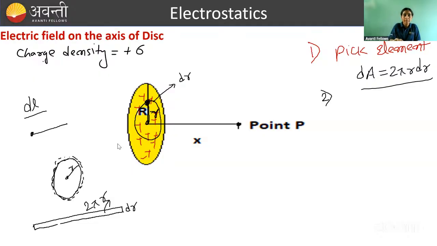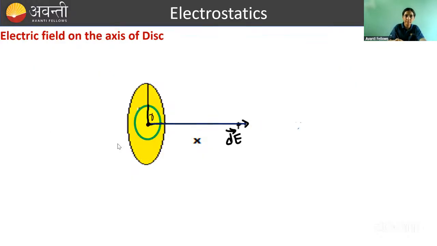Okay? And because of this small element, the ring element, there will be a certain value of electric field at point P, and also the direction we know. So the electric field at point P is going to be in this direction. Whatever element you take, like here we took one element of radius r, another element we can take somewhere here.